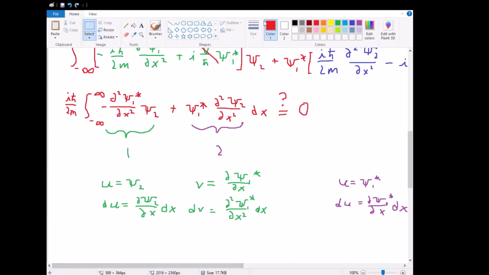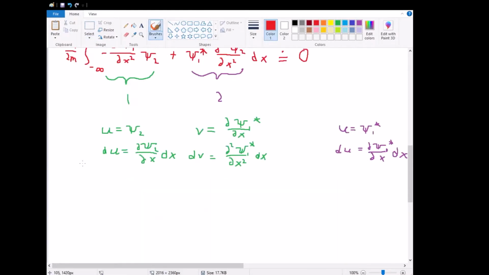And instantly, we can just plug this in, so this is going to be equal to the same i h bar over 2m on this side, and we'll start off here.